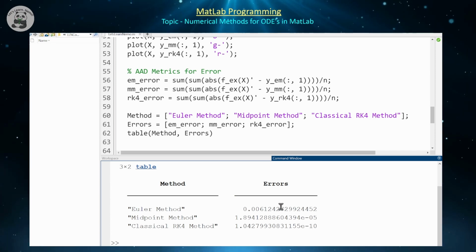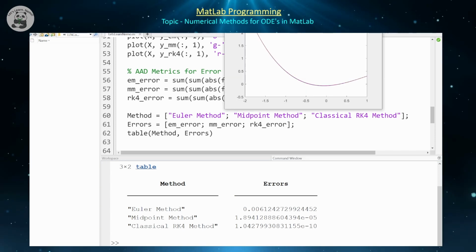This has 4 zeros, and our classical RK4 has 9 zeros before that one. So we clearly see that the classical RK4 method is a lot better than the midpoint method, and the midpoint method is of course a lot better than the Euler method. So quantitatively, we obviously see that the RK4 method is a lot better, especially for this particular equation.